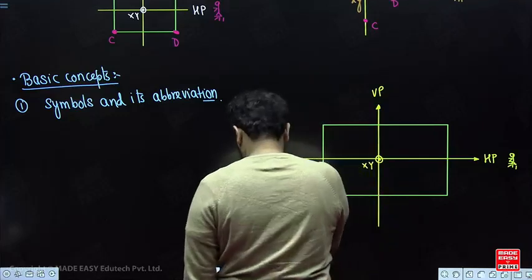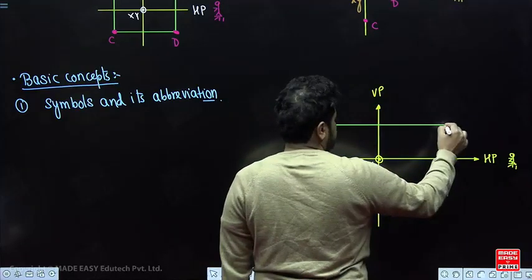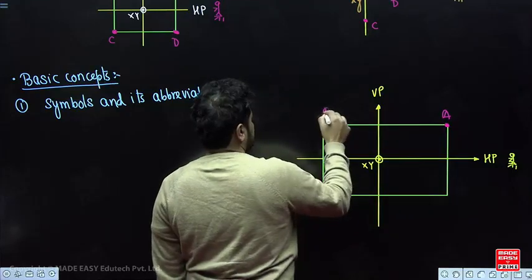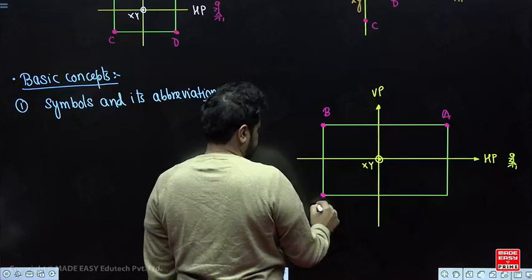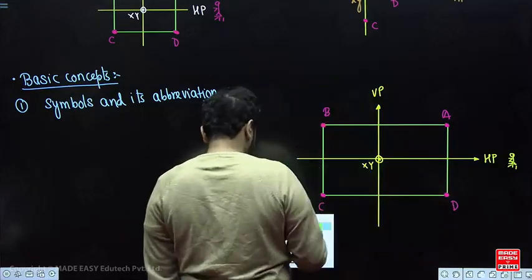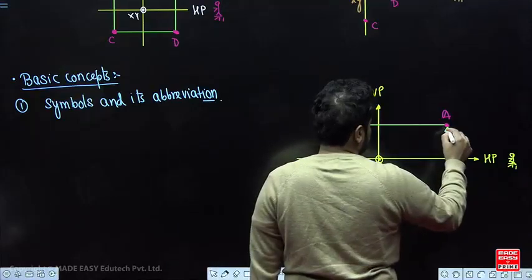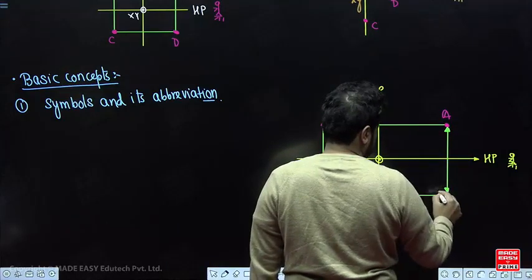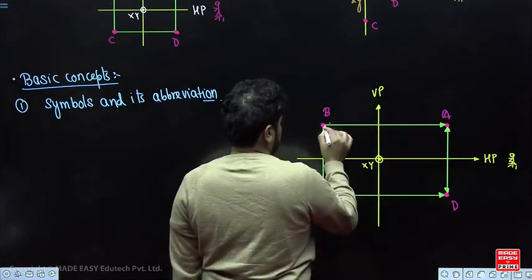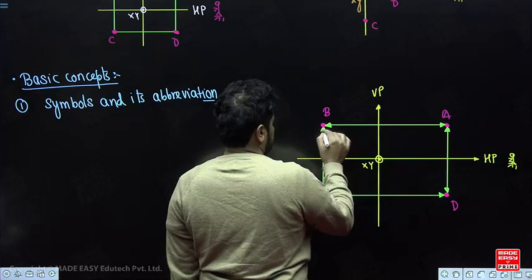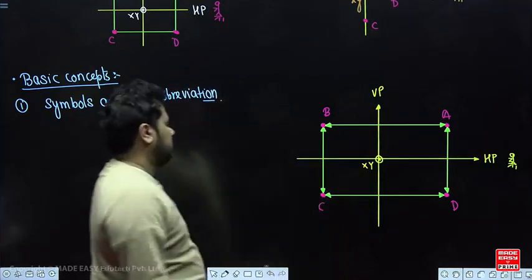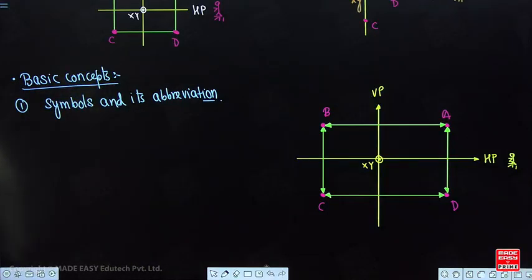This is XY. Point is here, point is here, point is here, point is here. Right. So we have 4 points A, B, C and D. Correct.